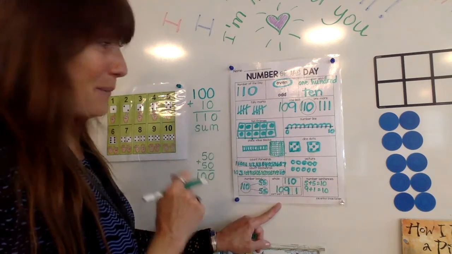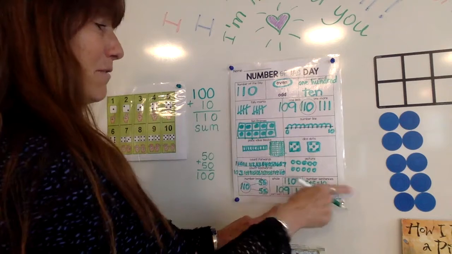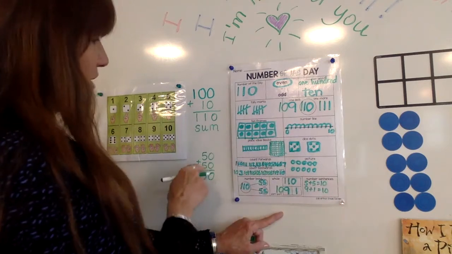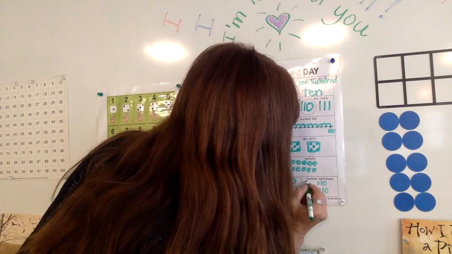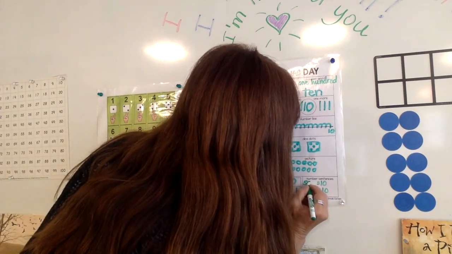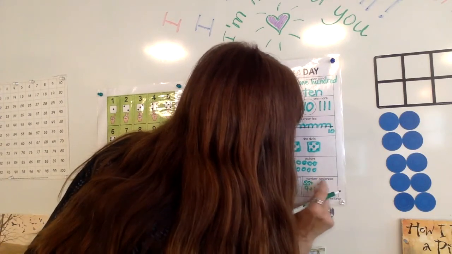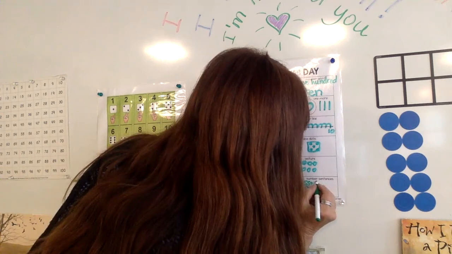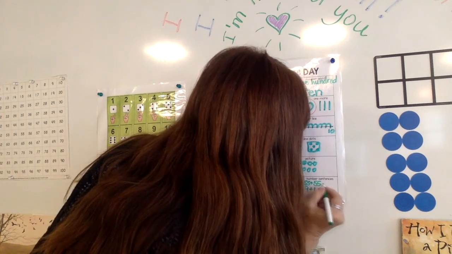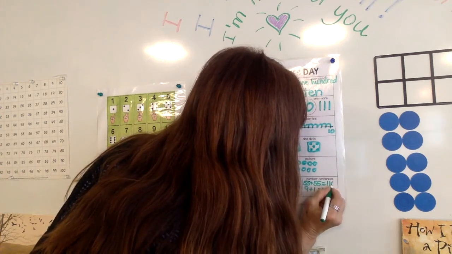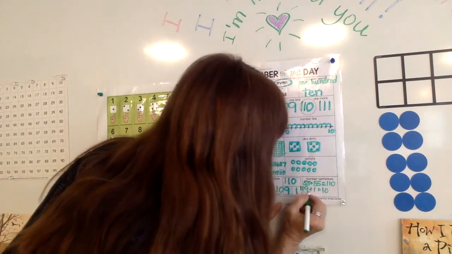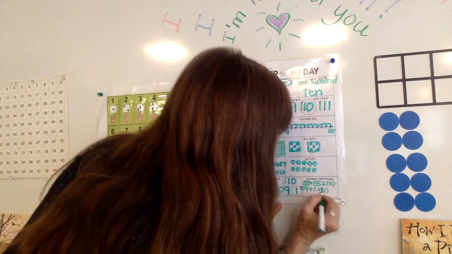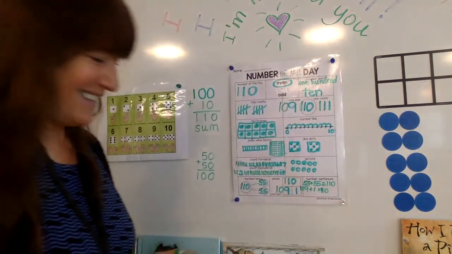They almost got me on that one. Okay, and over here, 5 plus 5 equals 10. Well, we showed how to make that into 55 plus 55 equals 110. And this is going to be 109 plus 1 equals 110.